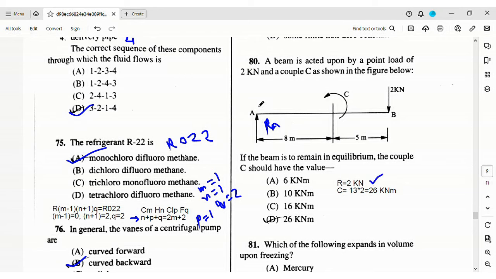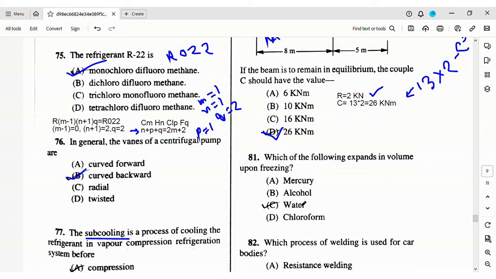Next, taking moment at point A. So we will get 2 kN force into distance 8 plus 5, 13, into 2 minus C equals 0. So from this equation we will have C equals 26 kN. The answer D will be correct.